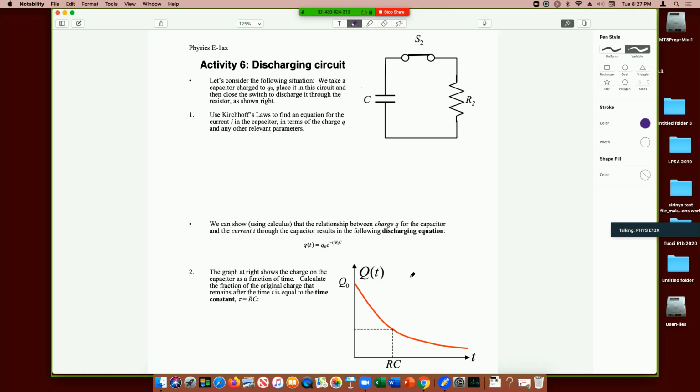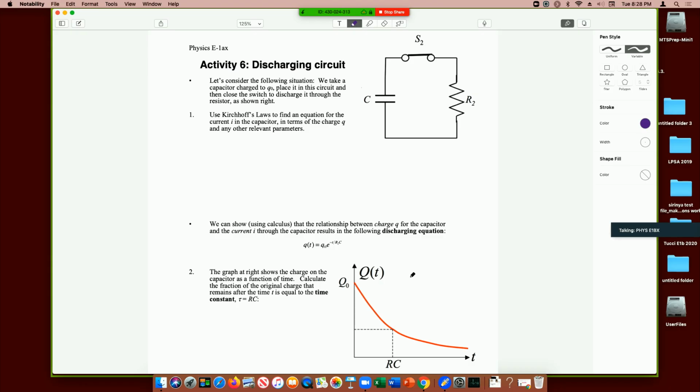How does a charged capacitor act differently from a battery? That's such a great question. It doesn't really. So the question was, how does a charged capacitor act differently from a battery? It's different in the sense that in a battery, it's the chemical reaction that is creating the charges that flow.